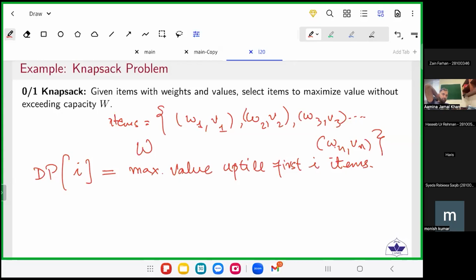Because the thing is, let's say that you want to recursively solve this. You want to figure out DP of I based on DP of I minus 1 or I minus 2. That's not easy to figure out. That's super hard.